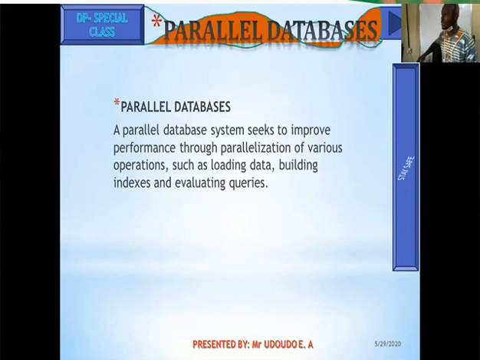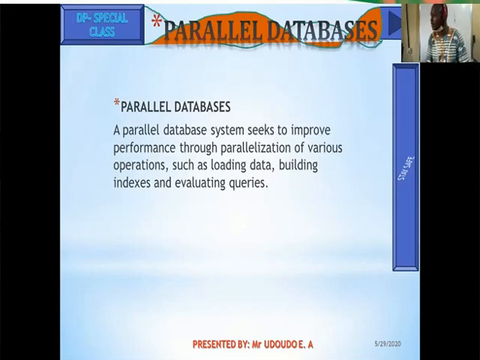It can be this way. It can be this way. I'm sure that's a parallel line. In other words, this one is moving and the other one is moving without interference. No issue. But if they are moving this way and the line is coming this way, of course, there will be what? Interference. Am I right? So we are likening this to operations in the database.